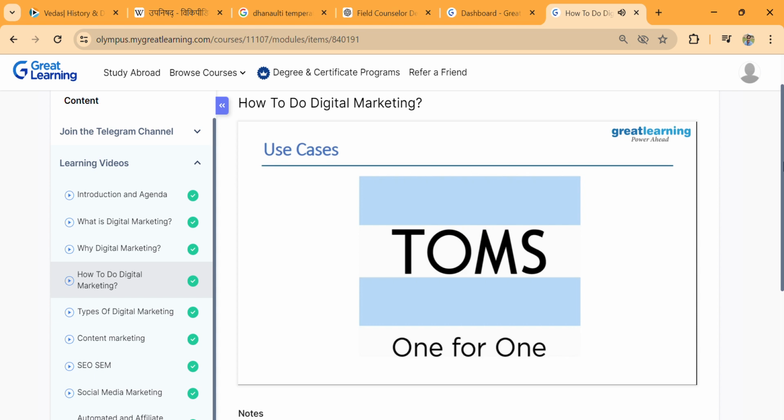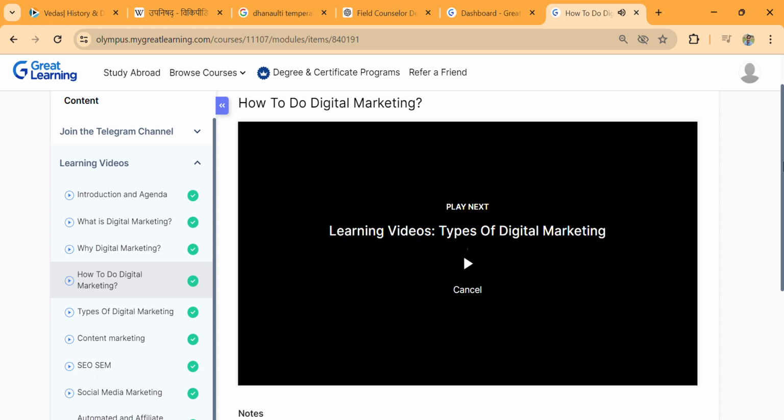They had this campaign, one for one: you buy a shoe pair, we would donate one. This captured the sentiment of people, and Toms did fairly well in that phase. So basically, these are some of the use cases. Again, not very digital marketing specific, but I hope you get the gist of what I'm trying to bring out.